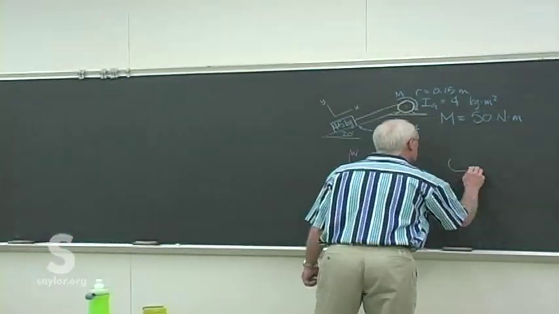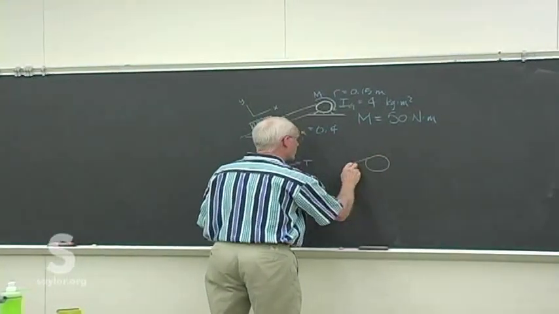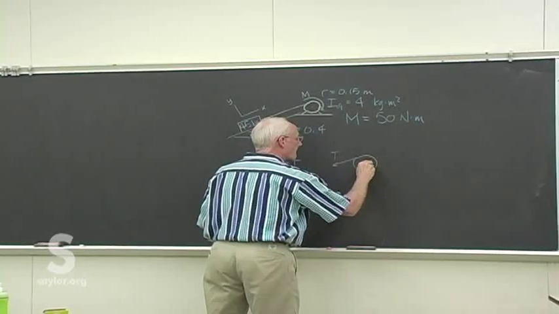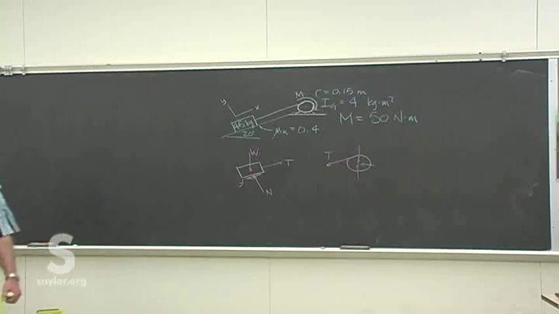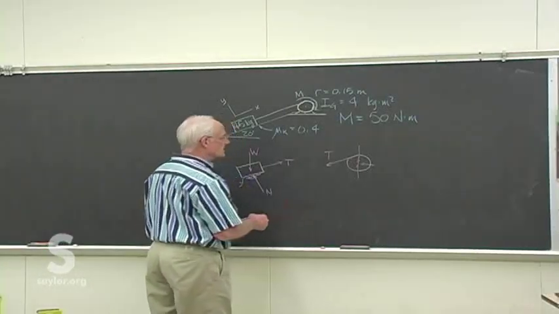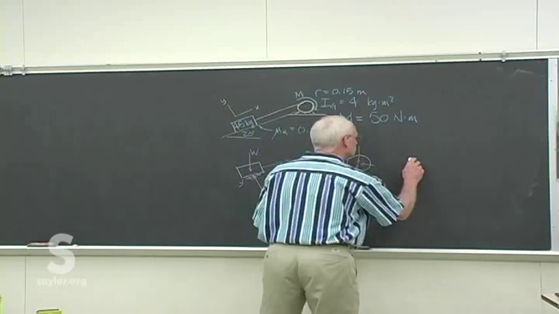And then for the winch, we've got the tension. We've got reactions and its weight, but the weight wasn't given and the reactions weren't asked for, so all we're really concerned with is the dynamics of the situation, which is just the tension that's causing some angular acceleration.